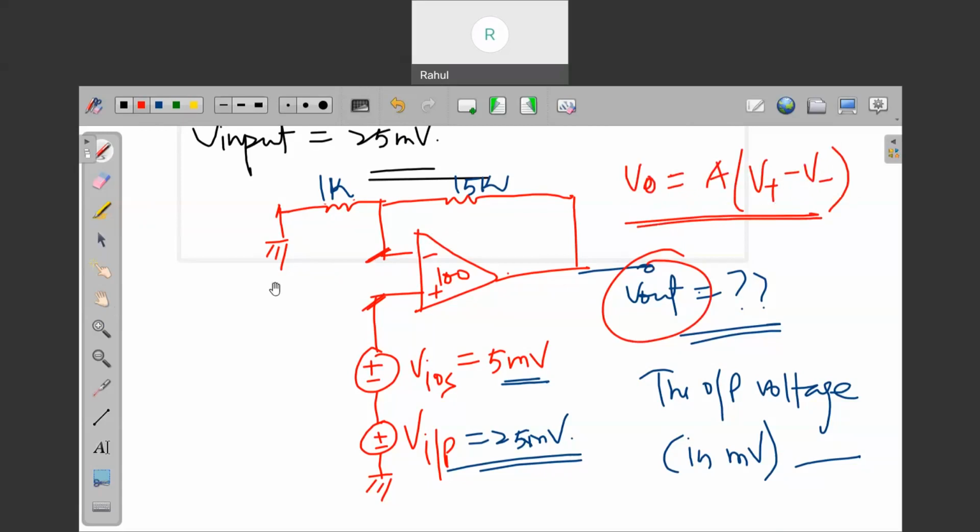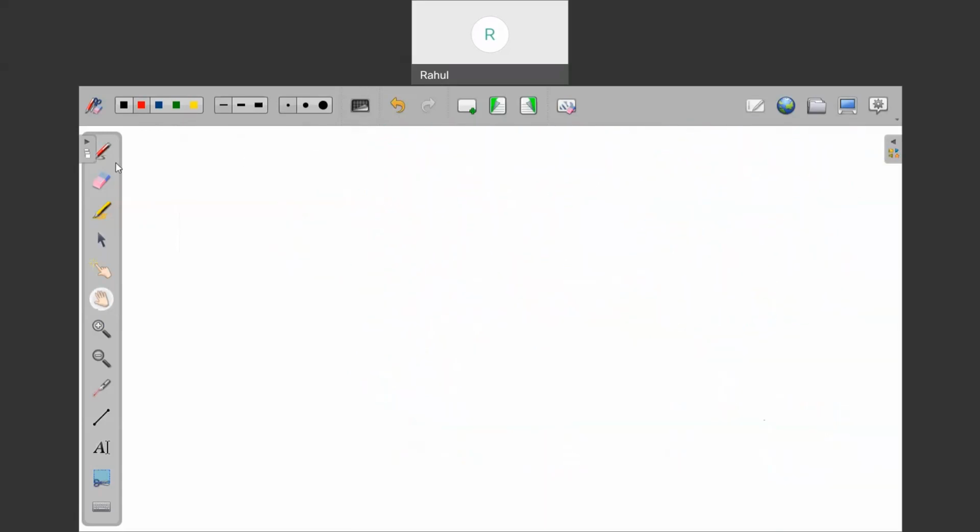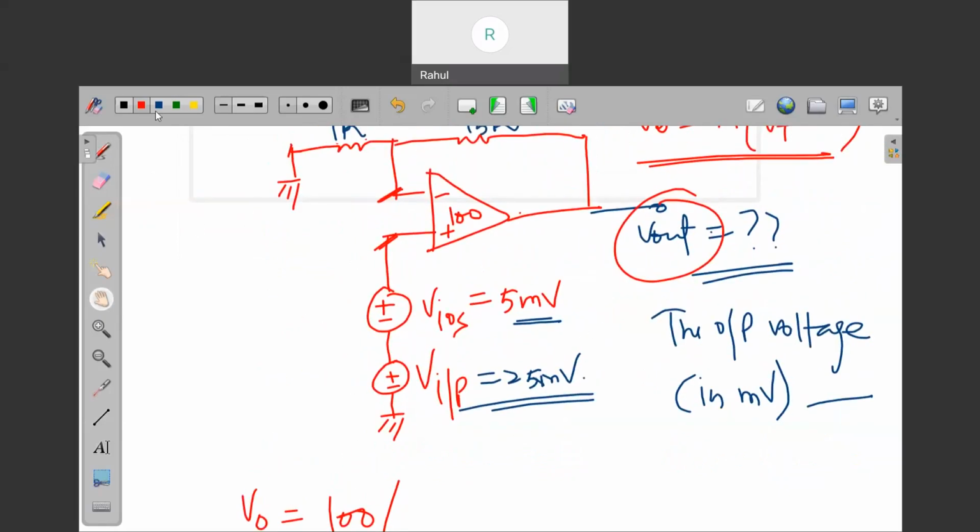So here we can say that V out equal to A, which is 100, times V plus minus V minus. What is the potential at V plus? You can see that is 30 millivolt.